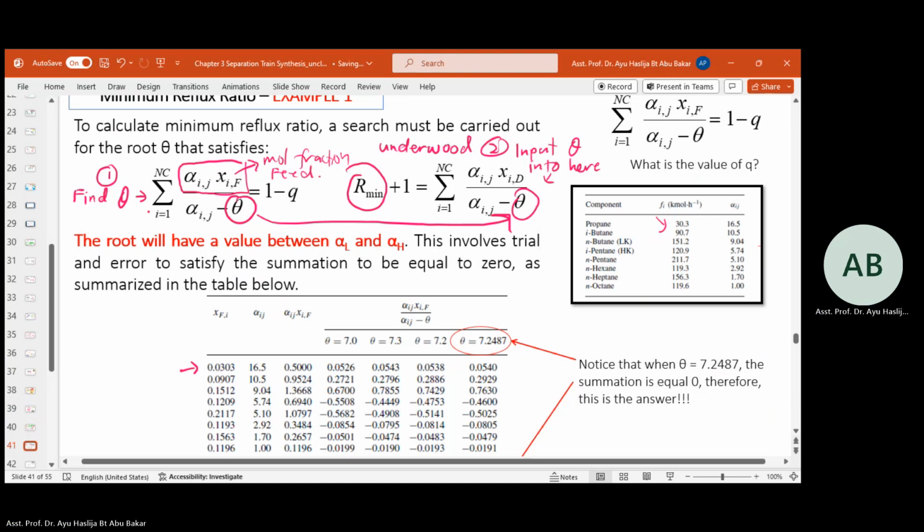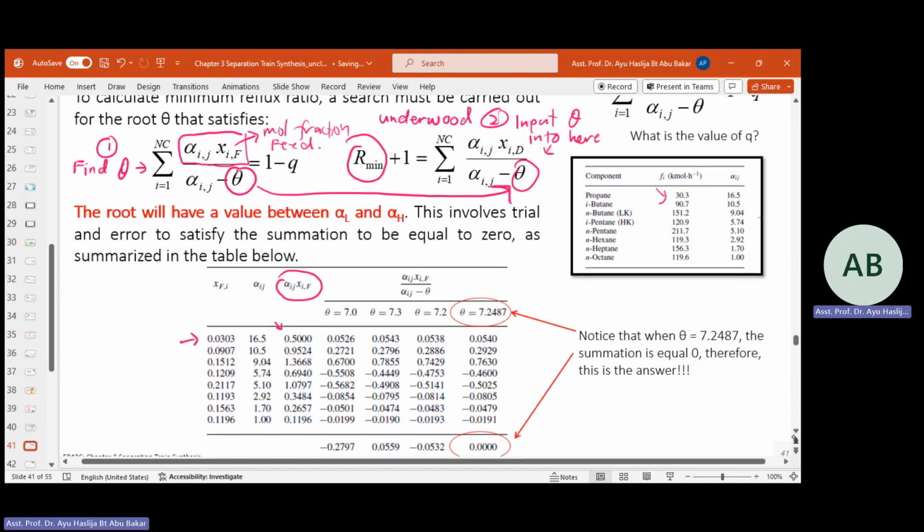Then find out the total of alpha multiplied by xiF. So each of it is multiplied by the relative volatility, then you'll get the total.